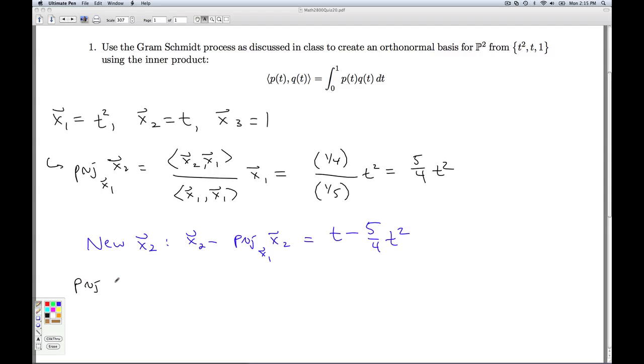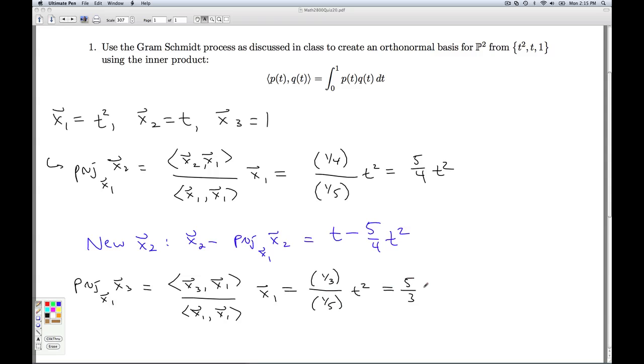The projection of x3 onto x1 is the inner product of x3 with x1 over the inner product of x1 with itself times x1. We found that to be 1/3 divided by 1/5 t squared, which if you do the fraction gymnastics is 5/3 t squared.